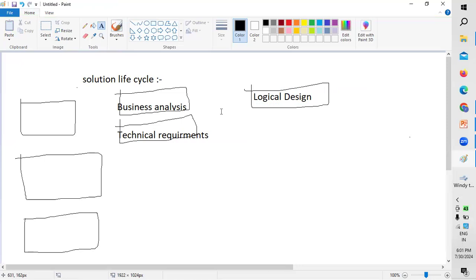When we talk about the logical design, this is where we create the logical architecture, the application architecture, the integral part of the systems architecture, and everything. In the previous sessions, I told you that architecture for any application has two different aspects: enterprise level understanding and solution level detailing.